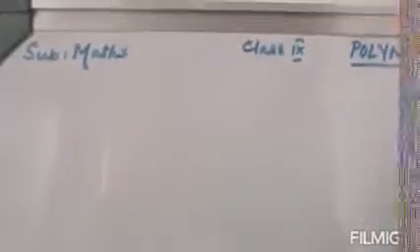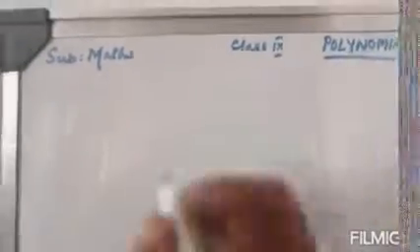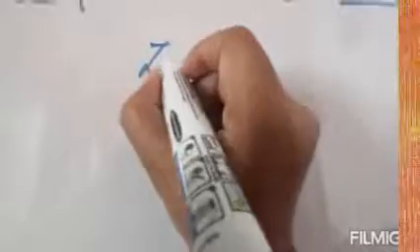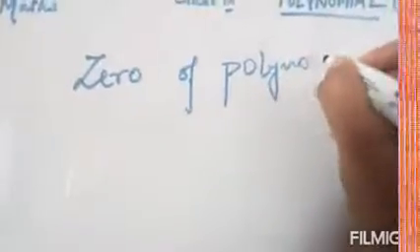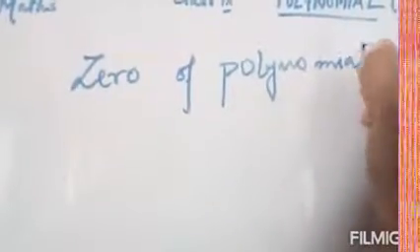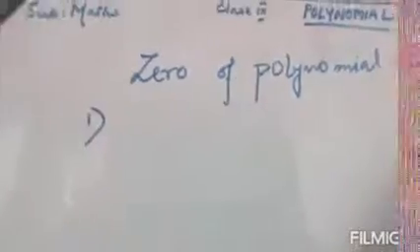Now, what are the characteristics for zeros of polynomial? Let us discuss here. For zeros of polynomial, these are the following things that you should keep in mind.